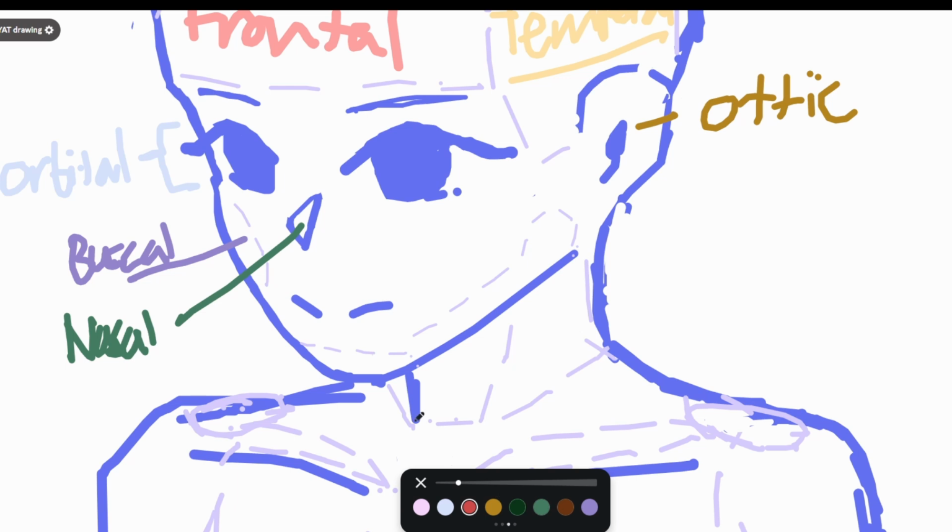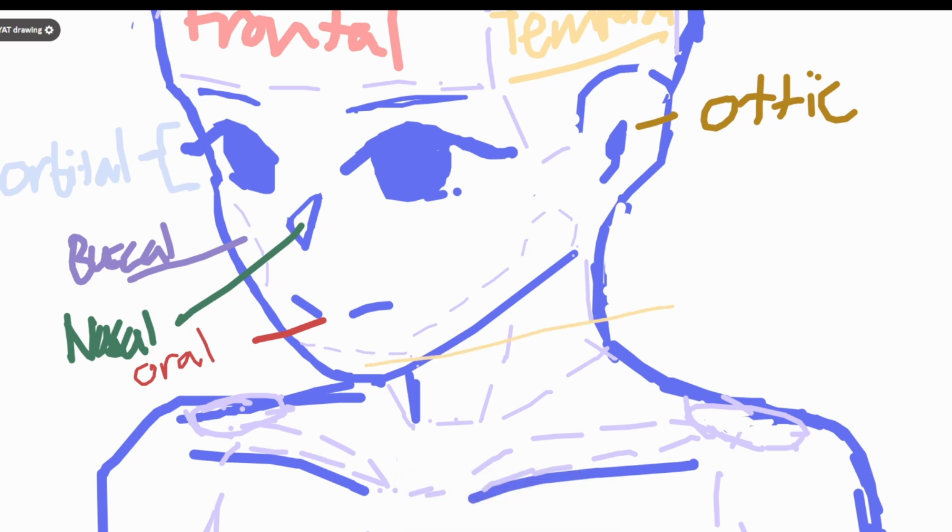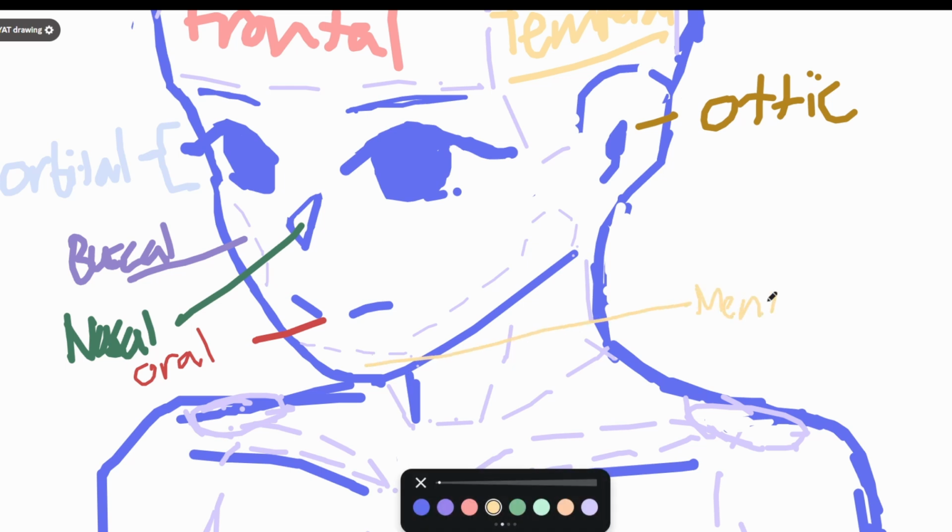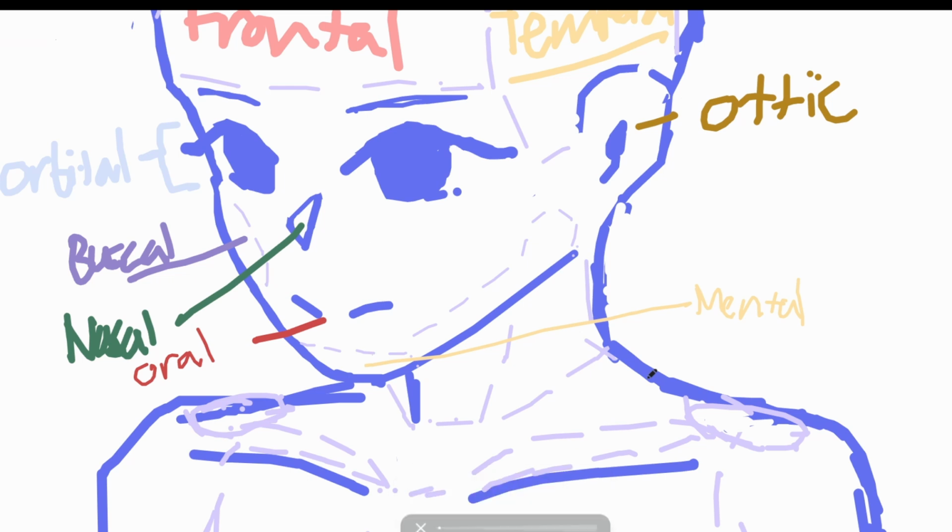And then down here, you have your mouth, which is oral, right? You would say oral presentations in some classes, right? And over here, your chin, right? Let me actually pick a different color. That is called the mental region. Think of the Thinker statue, right? How he has his little arm on his chin and he's quote unquote thinking.